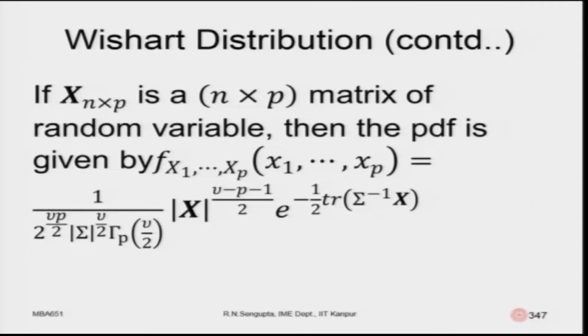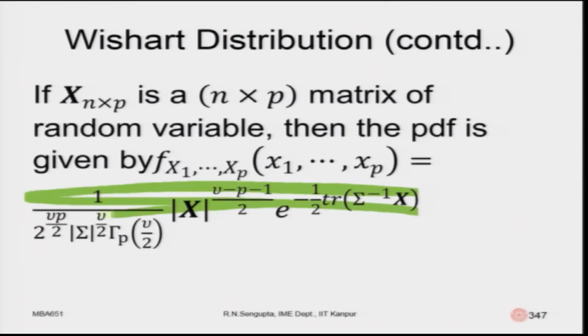Then the Wishart distribution: if X is a matrix of n cross p, where n is the number of readings and p is the number of random variables, then the Wishart distribution would be given by the formula which is here. This is the trace, TR is the trace, and given this formula, these are very simple.